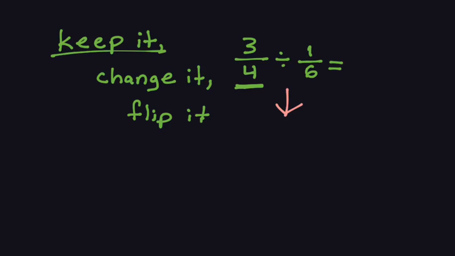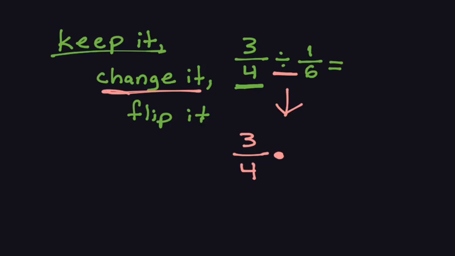So we are going to keep 3/4. Let's keep 3/4 like this. However, we are going to change our division sign into a multiplication sign. So in our new equation, this dot is a multiplication sign.